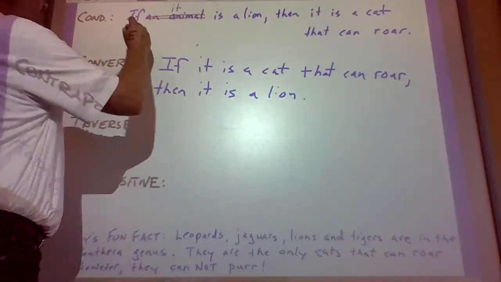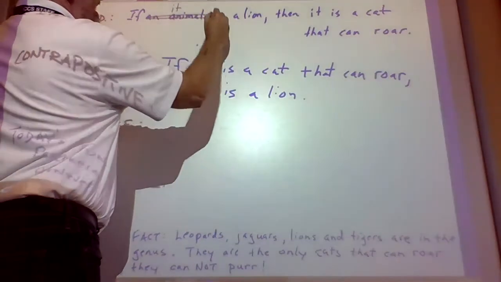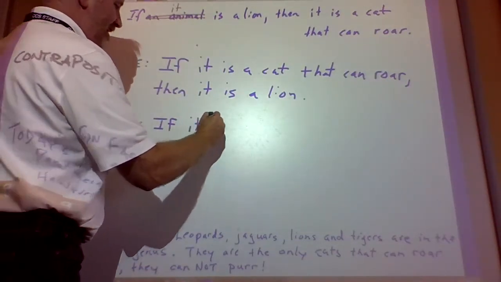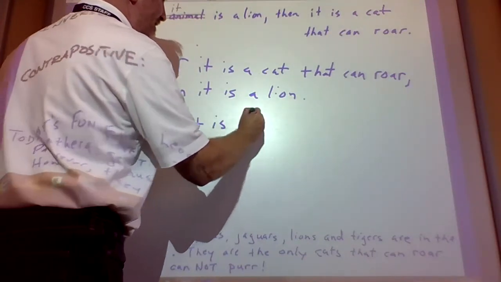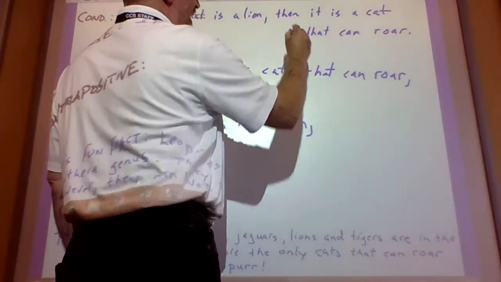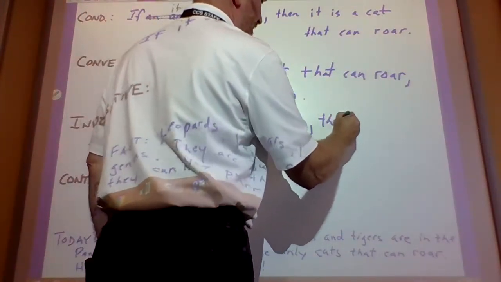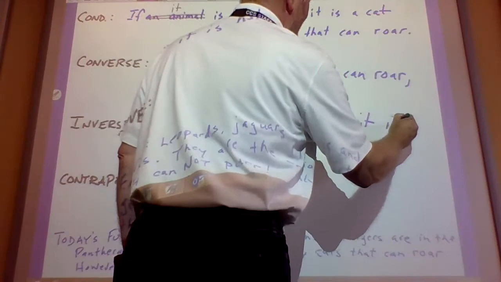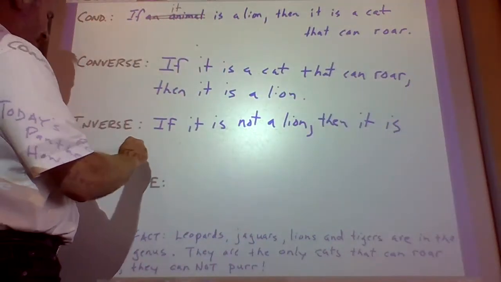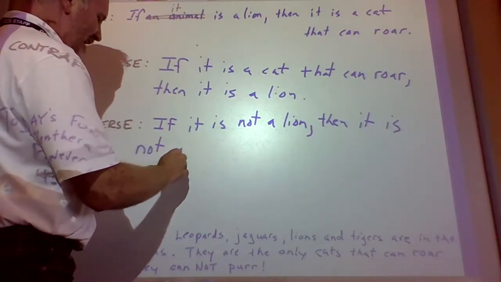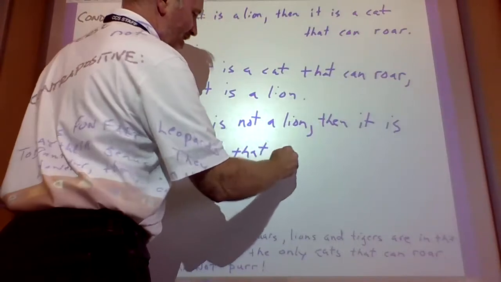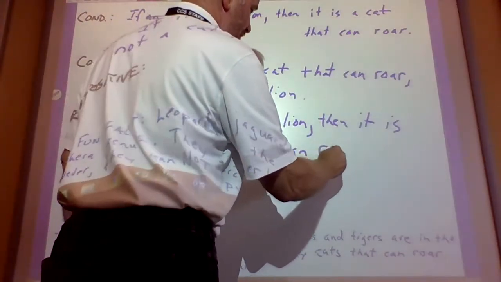So this one would be: if it is not a lion, then it is not a cat that can roar.